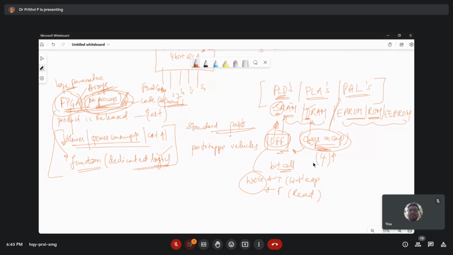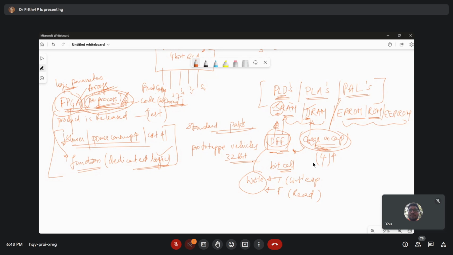The biggest data element available, 32-bit static RAM, is available in the market. Now, how do you address this, since it is very huge?